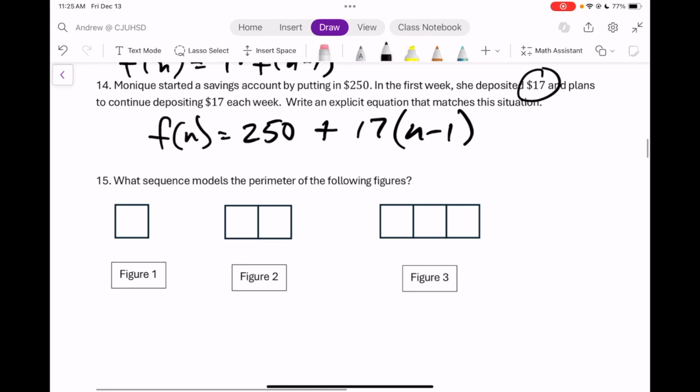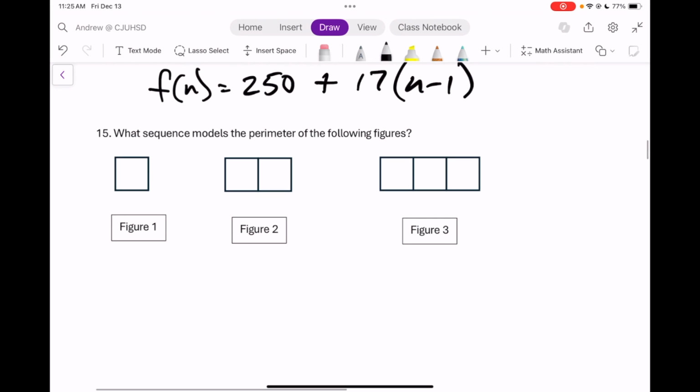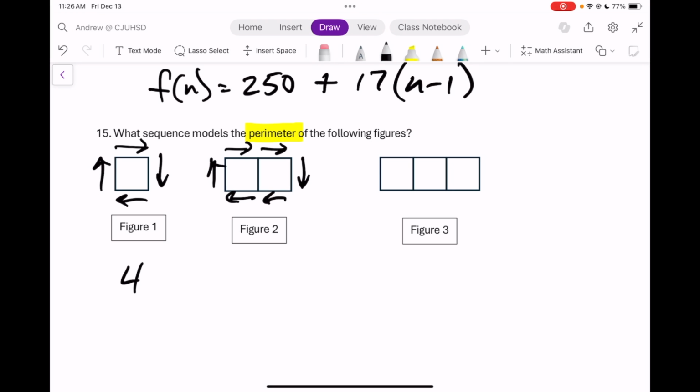Number 15, what sequence models the perimeter of the following figures? The word perimeter means all the way around the outside. So in figure 1, you go 1, 2, 3, 4. In figure 2, you go 1, 2, 3, 4, 5, 6.